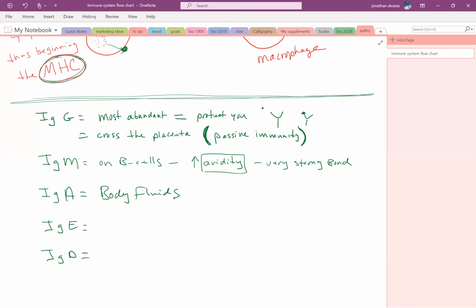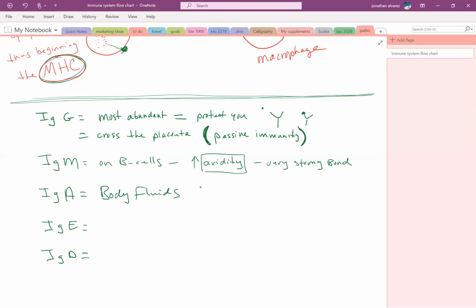Okay, it's found in the urogenital tracts. It's found in saliva, tears, and breast milk. Okay, so kind of the fluids of the body.